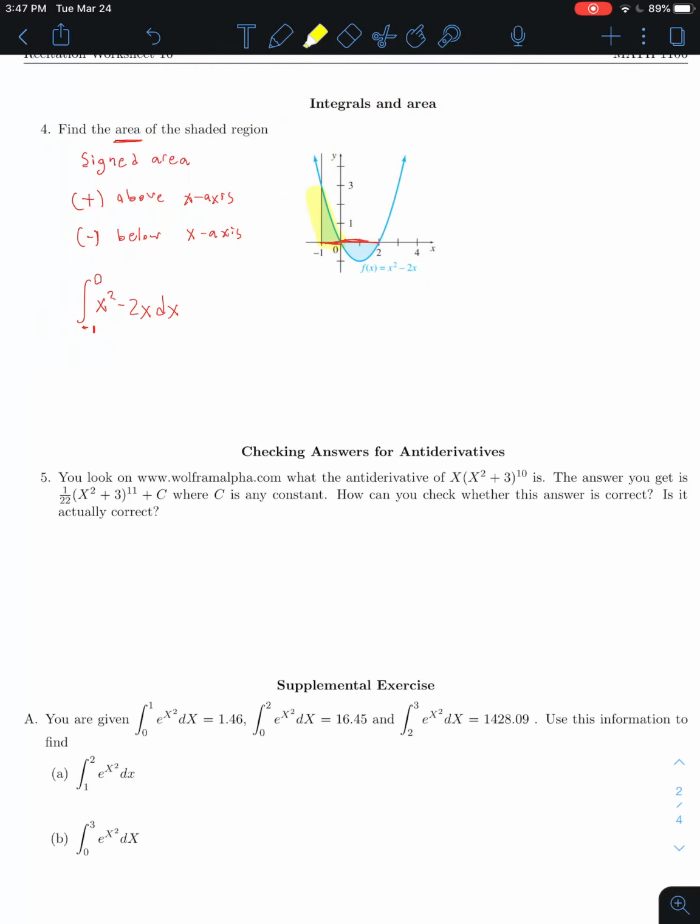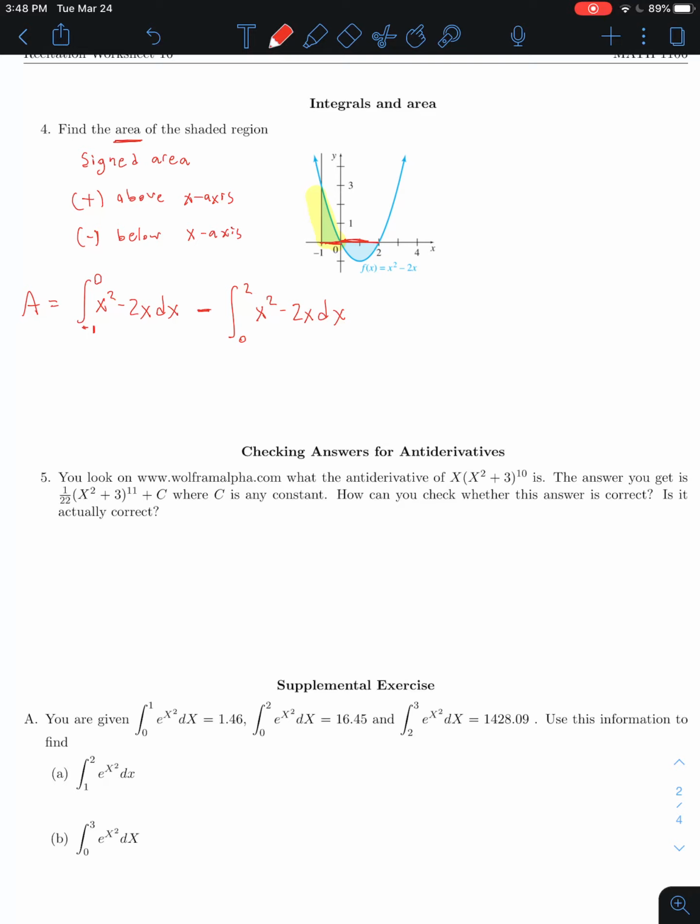And then, well, the other piece, this kind of half dome-shaped piece sitting below the x-axis, the integral of that piece, from 0 to 2 of x squared minus 2x, is going to be negative. But we said we want to be computing the total positive area, so we want to subtract this to get our area. This is going to be our formula for the area.